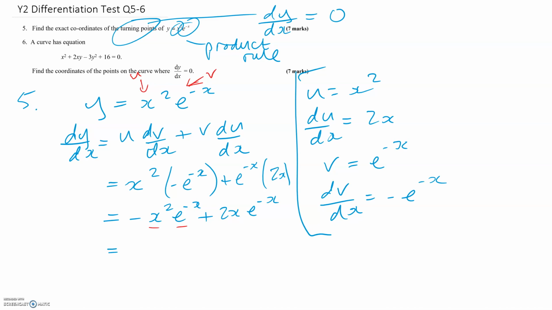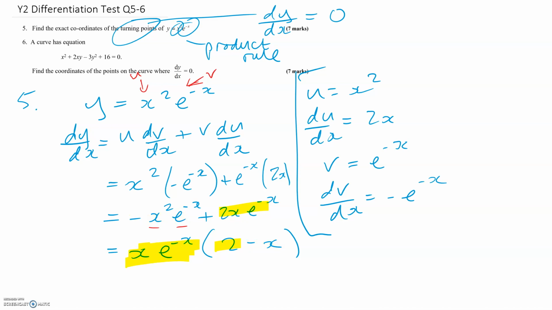If we take out x e to the minus x from everything, we're going to be left with a minus x plus 2, which is the same as 2 minus x. If you wanted to check that, if you multiplied that by 2, you would get this. If you multiplied this by minus x, you would get this.